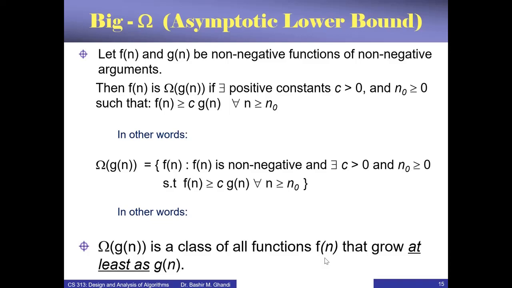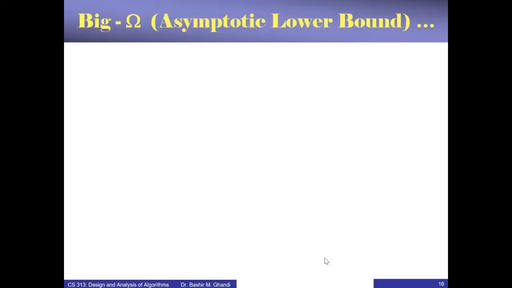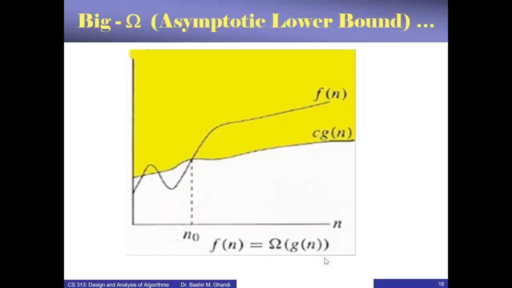Maybe to make this even clearer, let's look at the graph once more. This is the idea. So you can see that g(n) is the lower bound this time. Again, initially before n naught, the function may fluctuate. That is, f(n) could be even below g(n).